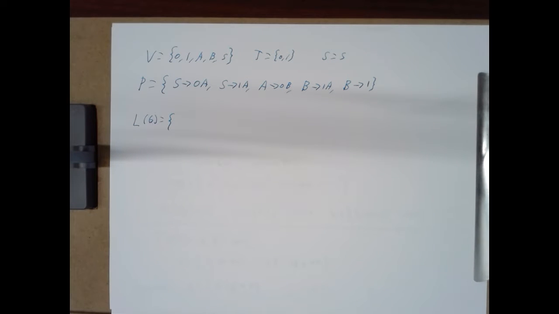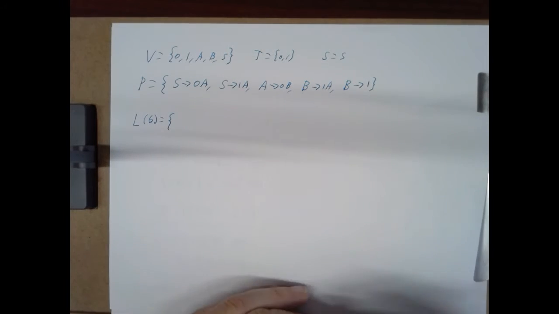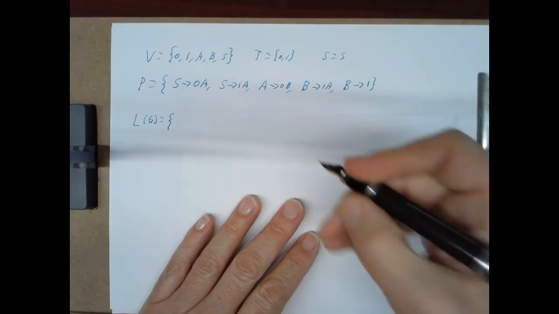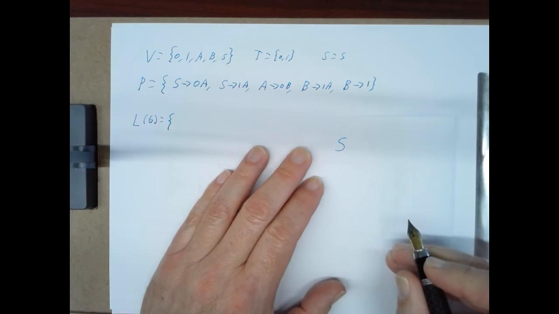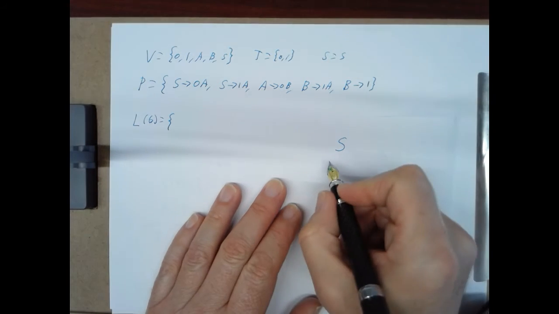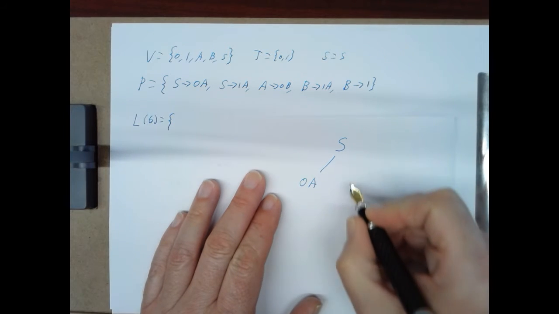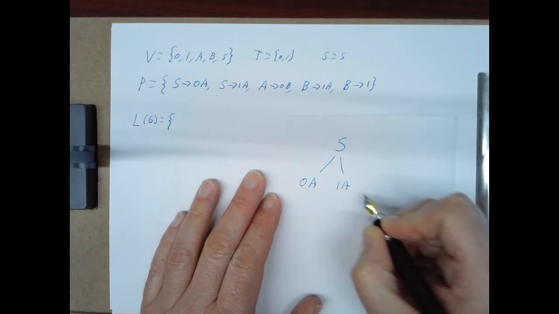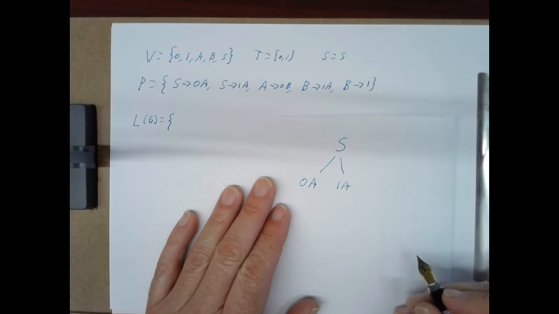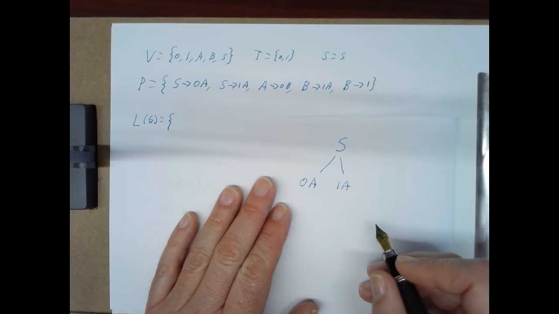So let's explore this. What kinds of things are in this language? So S is our start symbol. And this is where doing something tree-like can help. We know that everything has to be derivable from S. And S could be 0 followed by a big A, could be 1 followed by big A, and that's it. So we know our string is going to start with a 0 or a 1.